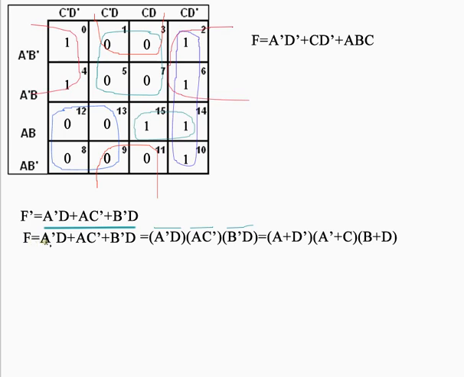Because I started with the sums of products form for the complement, but I complemented that, so I got my original function back, and then the sums of products form turned into a product of sums form because I only used one complement. All right, so I hope that you get the idea here.